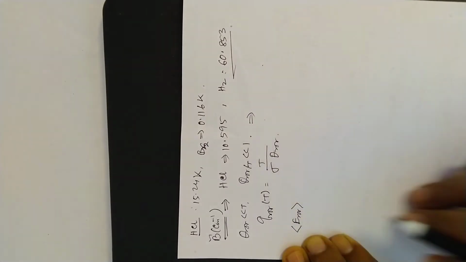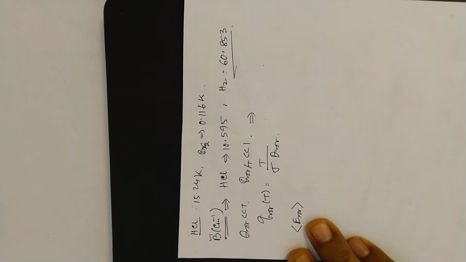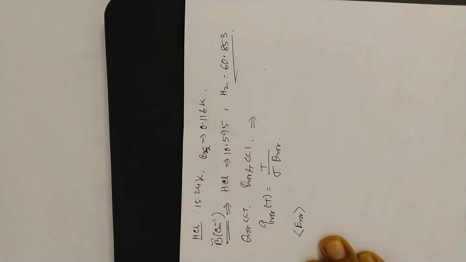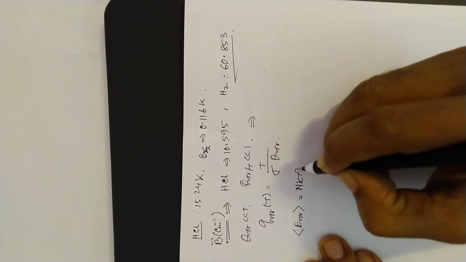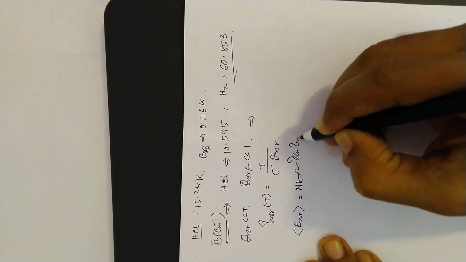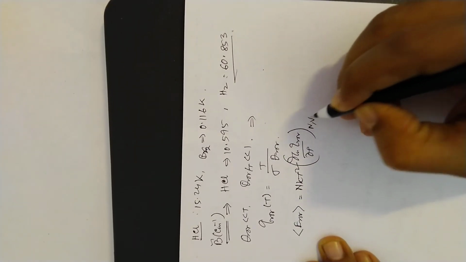That means the average rotational contribution to the internal energy of a system containing diatomic molecules, which is N k T square, del ln Q rotational by del T at N and V constant.